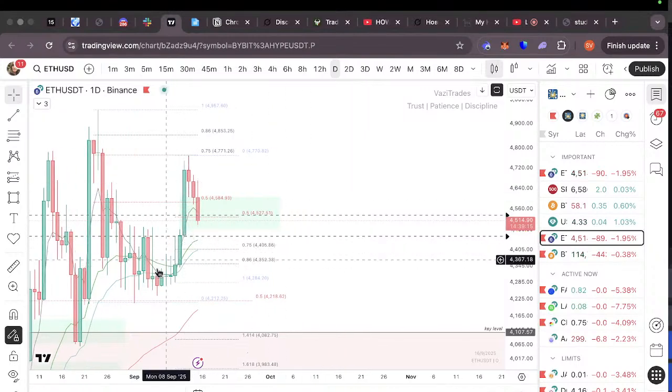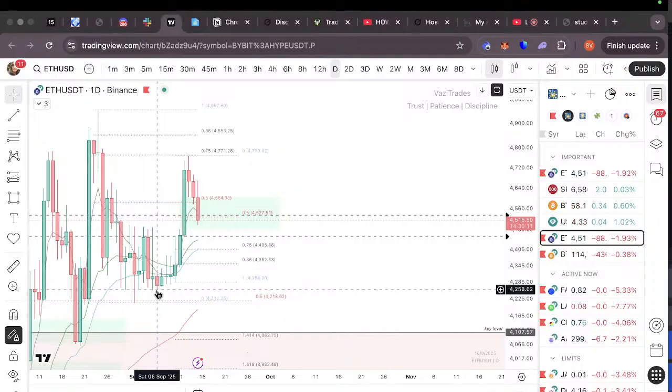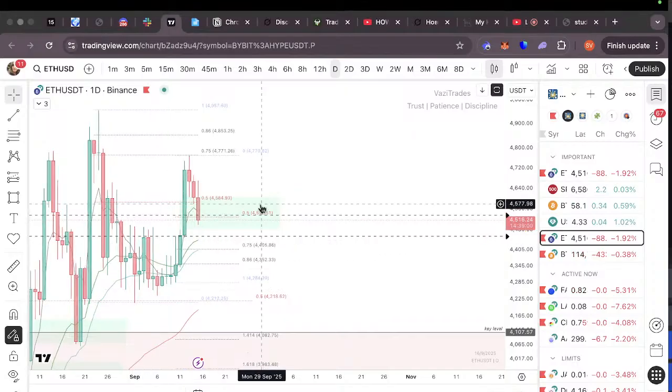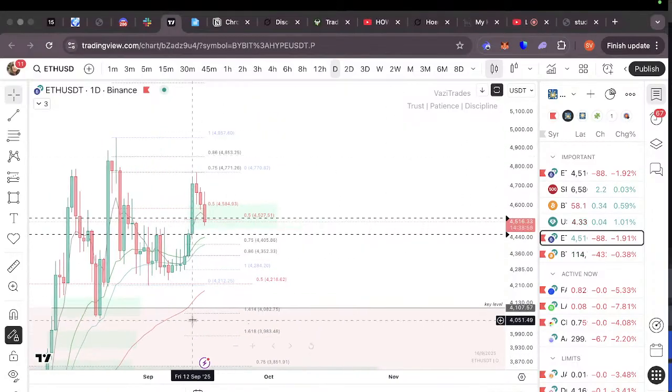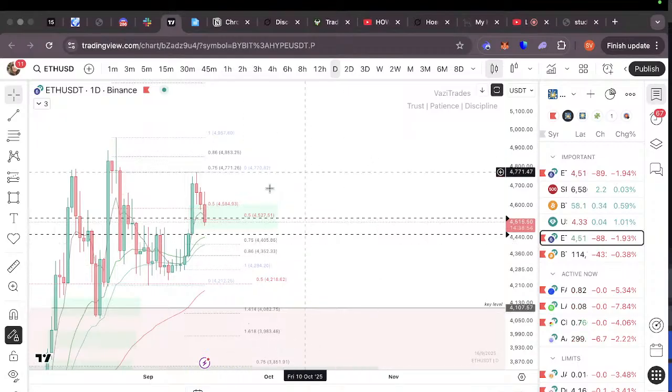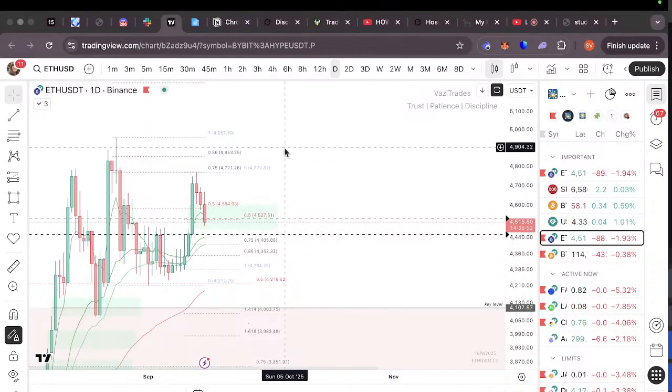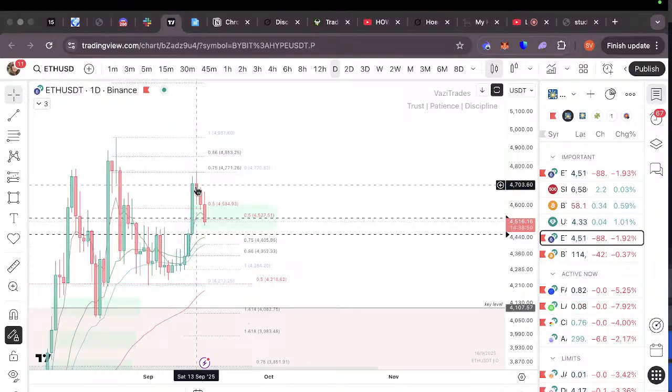So as long as Ethereum on a daily time frame is above 4,400, for me it remains bullish, because we can see that the price was actually holding pretty strong all these days.